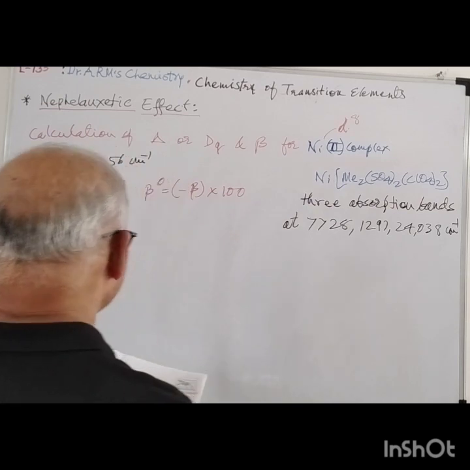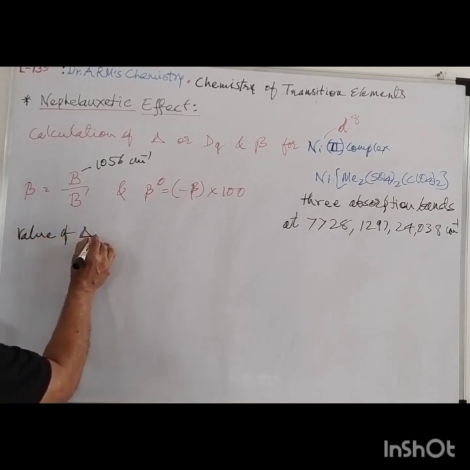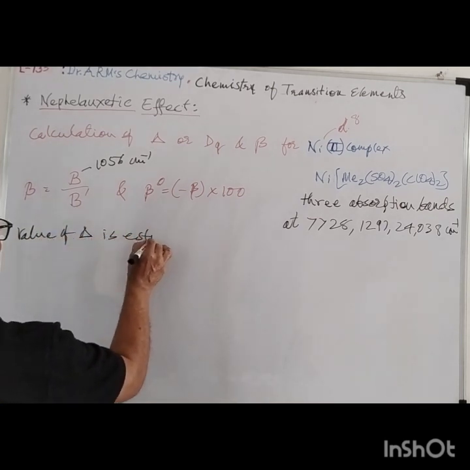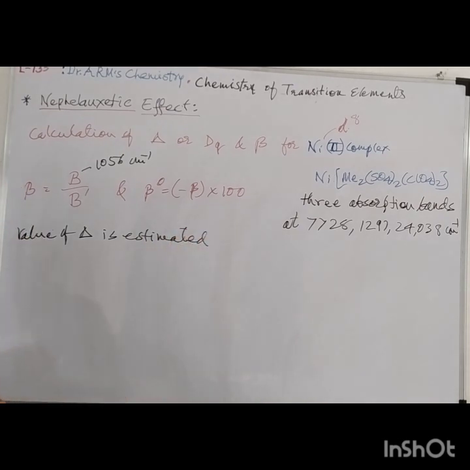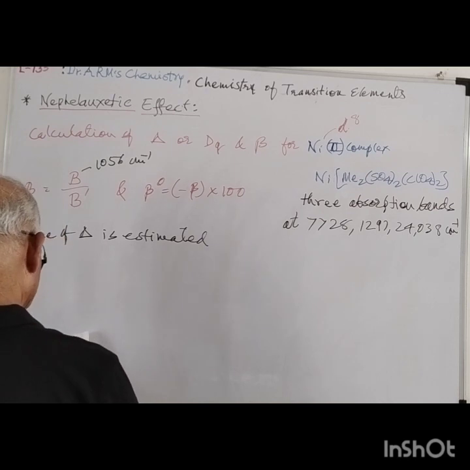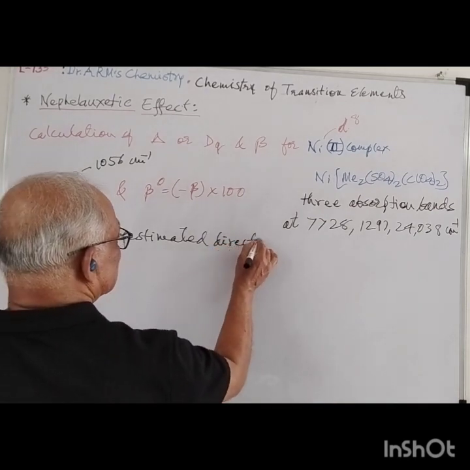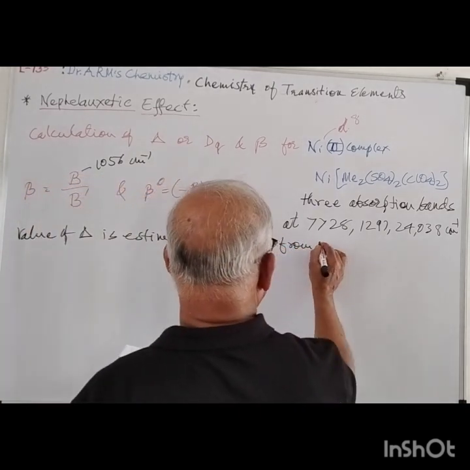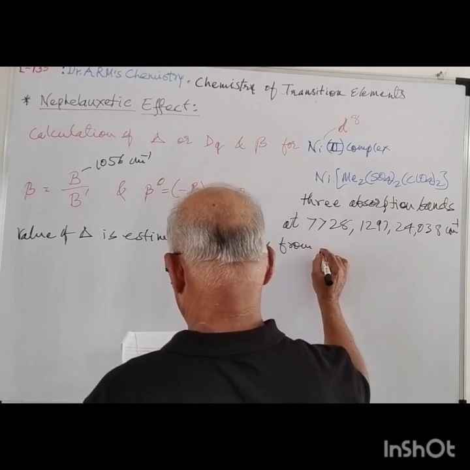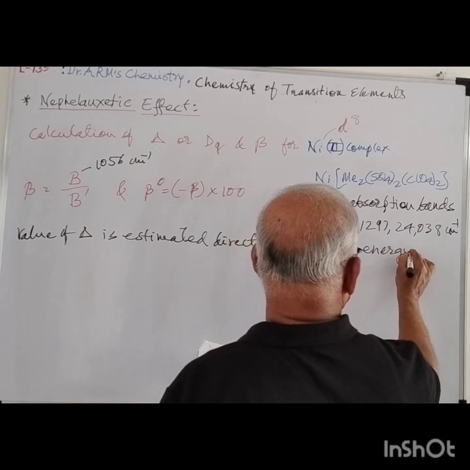So the value of delta is estimated directly from the lower energy transition.